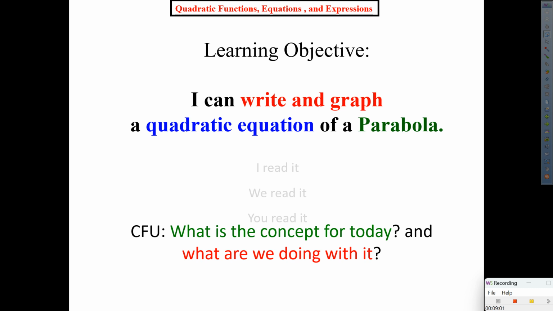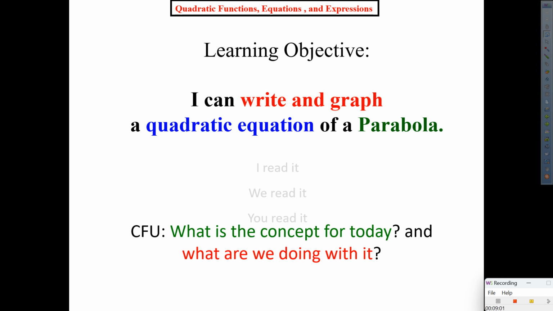Definition for a parabola. All right, definition, parabola. Jaden, give us a key word to get started. Help them out, everyone.